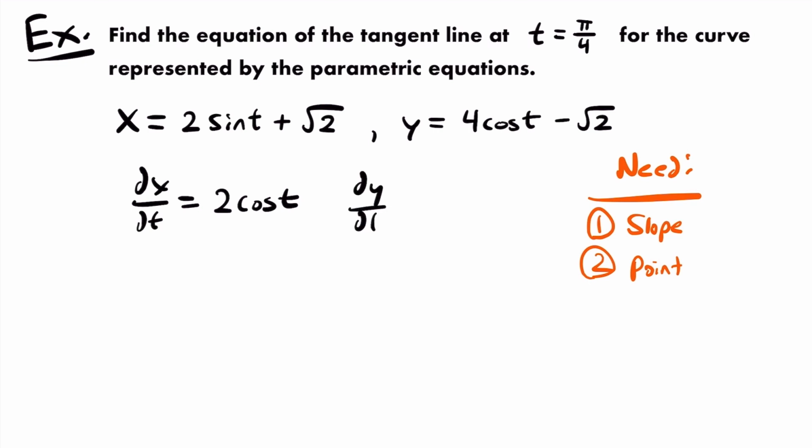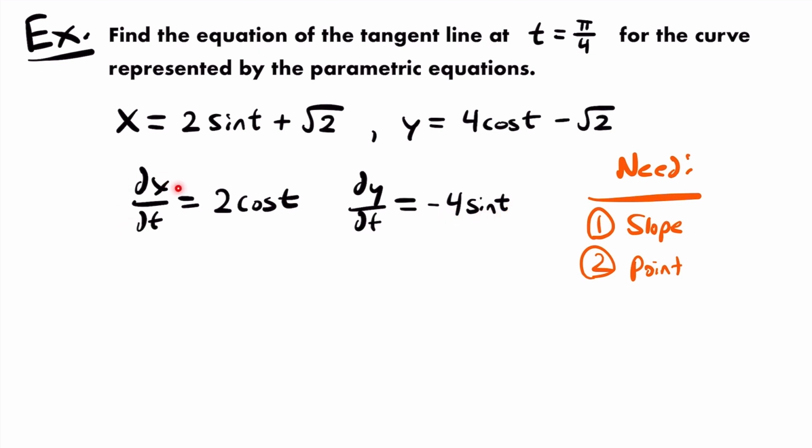Let's look at dy/dt. That will be equal to the derivative of 4 times cosine t, and the derivative of cosine is negative sine, so we're going to have negative 4 times sine t. The derivative of the negative square root of 2 will be 0 because it is just a constant, so we don't need to write that 0 on the end. dy/dt is just equal to negative 4 times sine t.